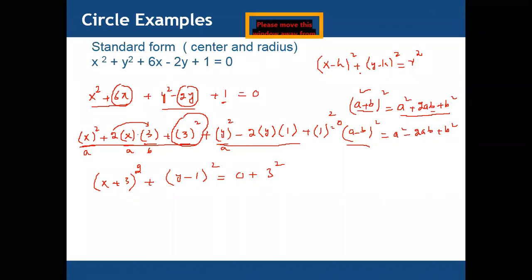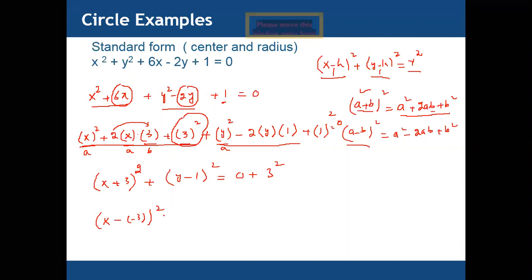So we have the formula x minus h whole square plus y minus k whole square equals r square. This must be minus, not plus: x minus h, y minus k. So can we write this first one as x minus minus 3 whole square?